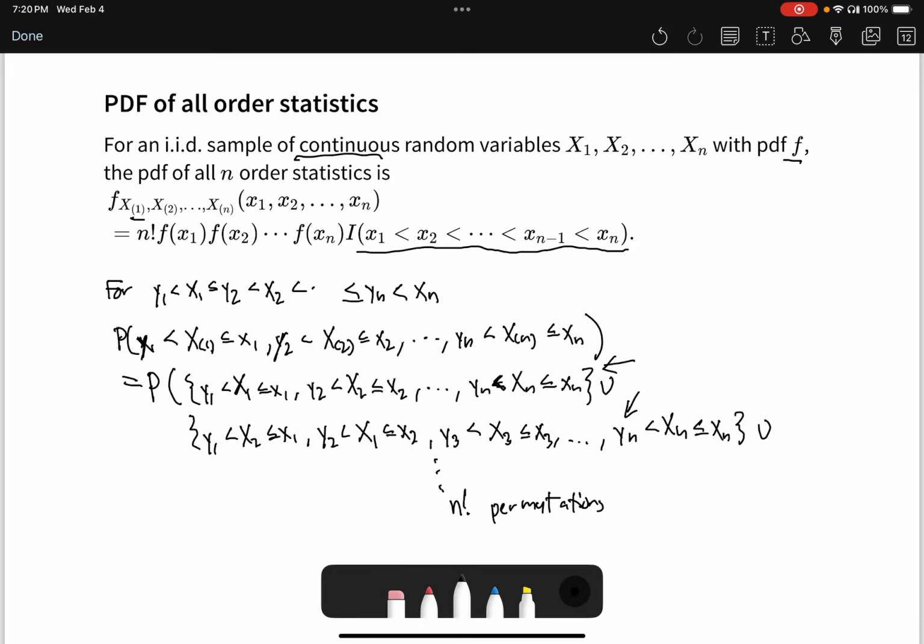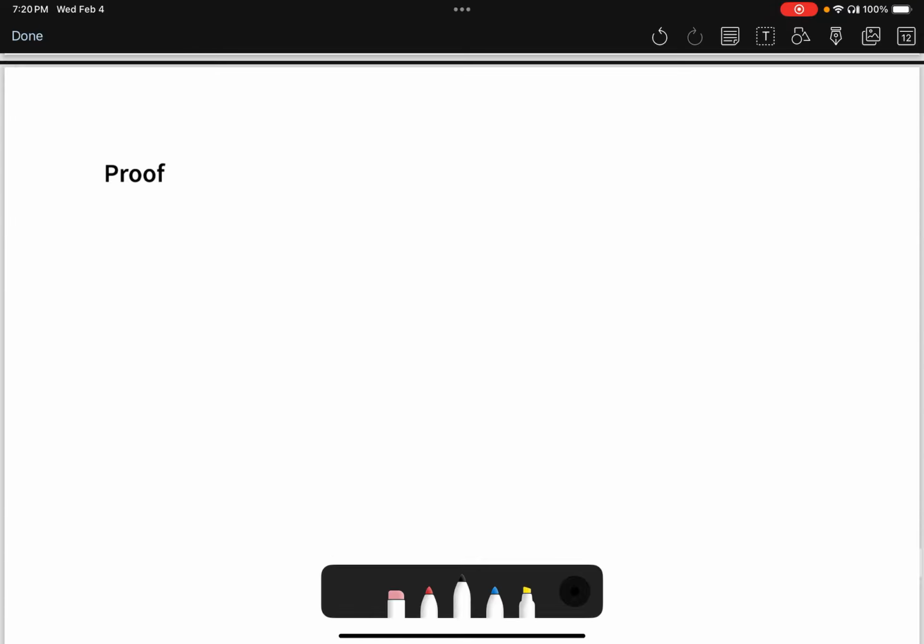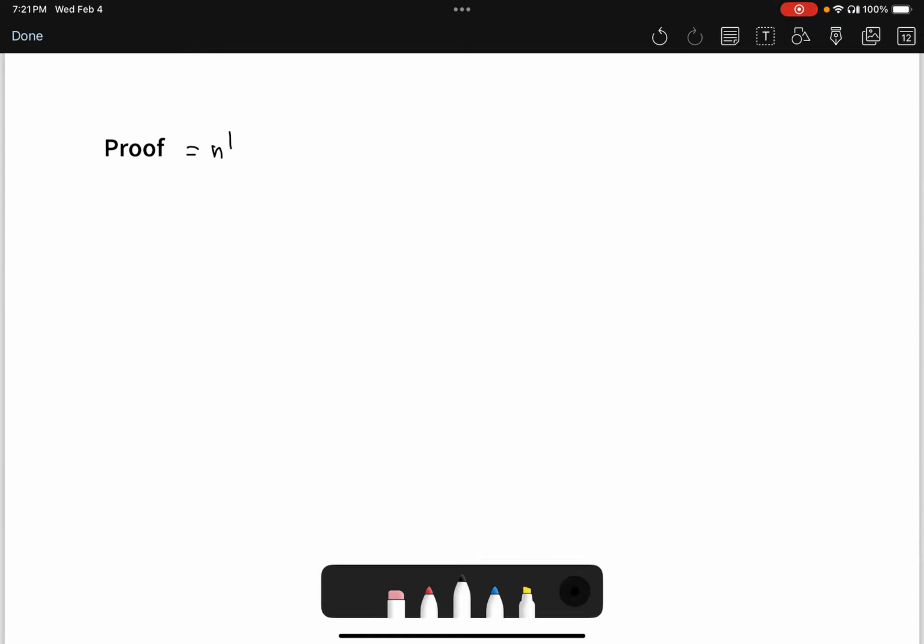And so this is going to simplify to n factorial times the probability that y1 is less than X1 less than or equal to x1, there we go. Okay, that's because all those different permutations are all going to end up being the same probability that the values are between the different numbers that we're listing here. Okay, so that's what we have so far.